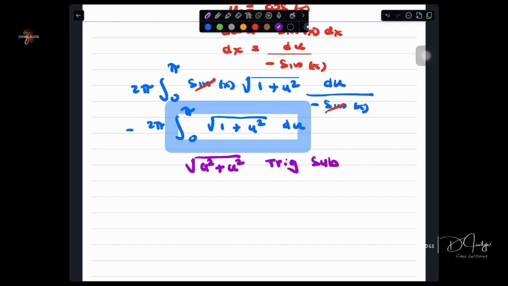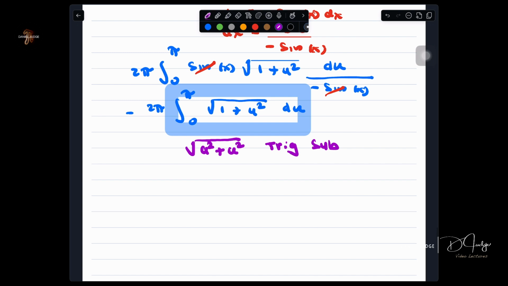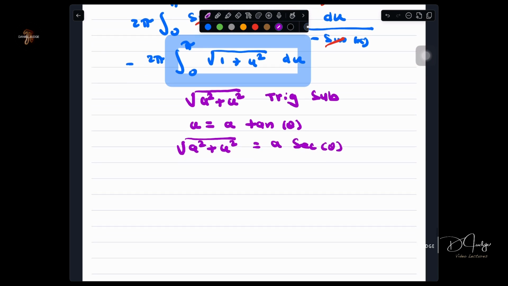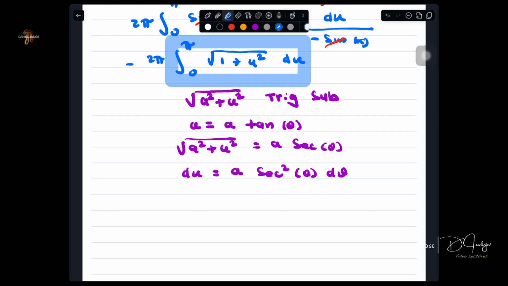And if you recall, u is a tangent theta, the radical a squared plus u squared is a secant theta, and du is a secant squared theta d theta, just by trig substitution.